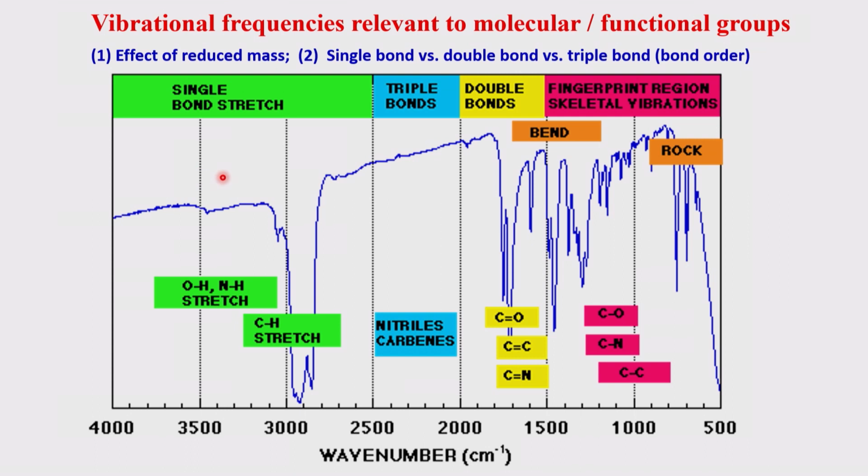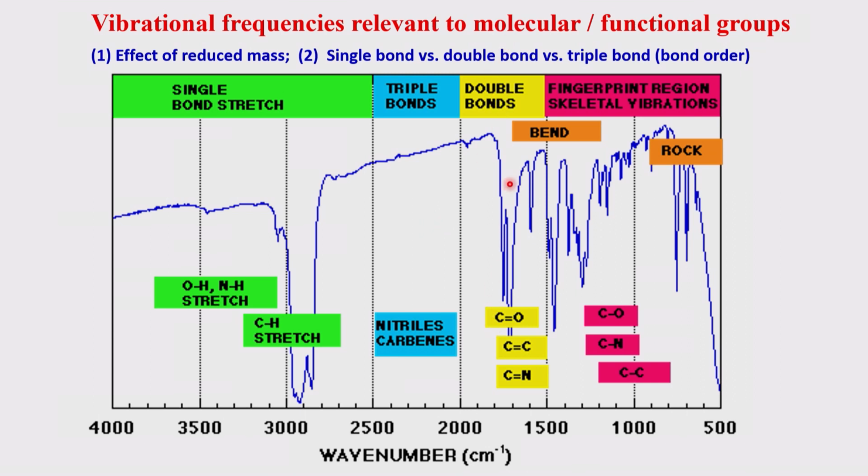For a little while, please focus on this side. You have the OH, NH stretching region at 3500 plus or minus 300 either side, and you have CH stretching around the 3000 range. These are all single bonds: OH, NH, CH. Then you have nitriles or cumulenes, multiple bonds, which come here and are not shown in this particular spectrum.